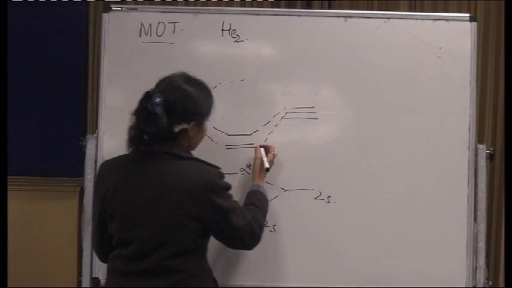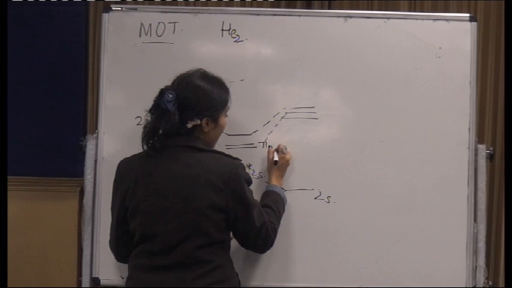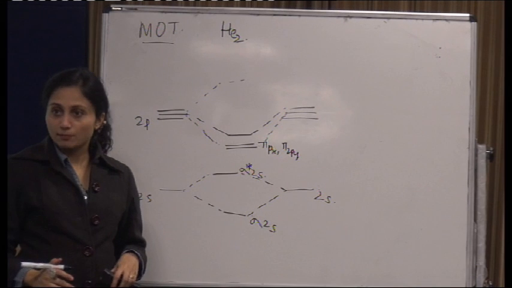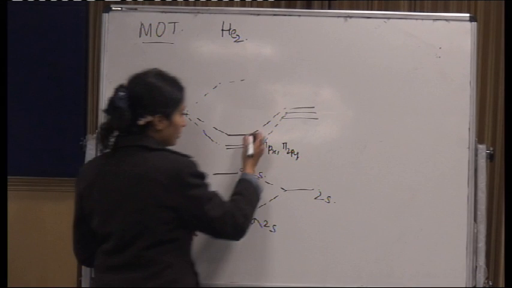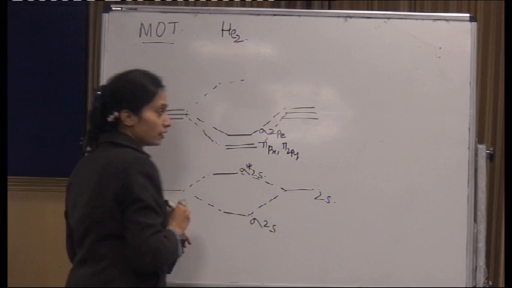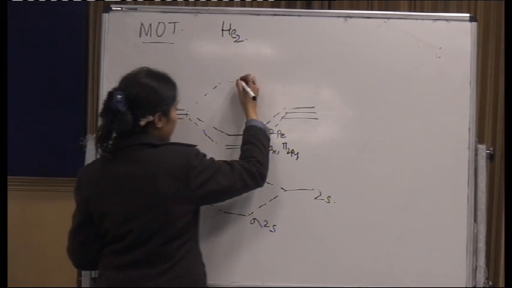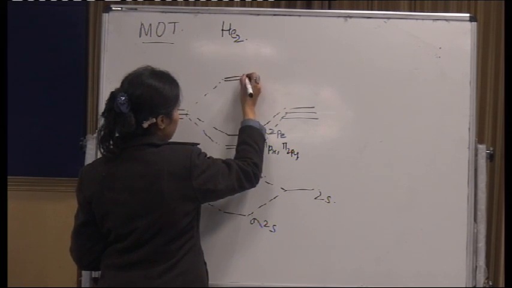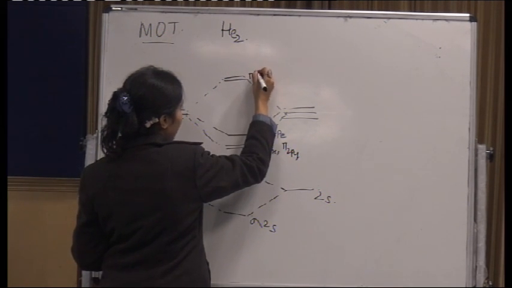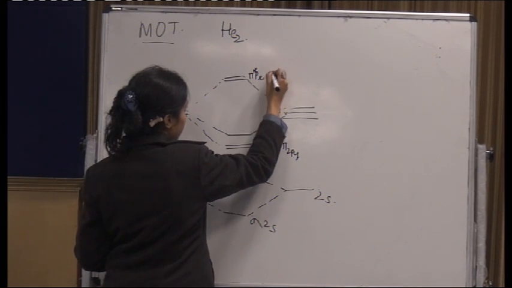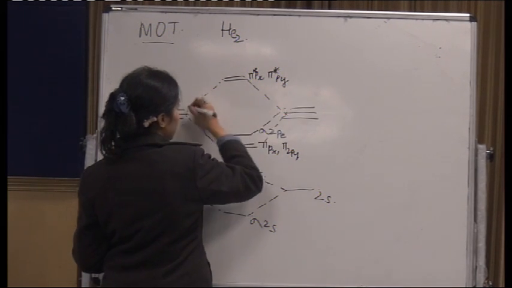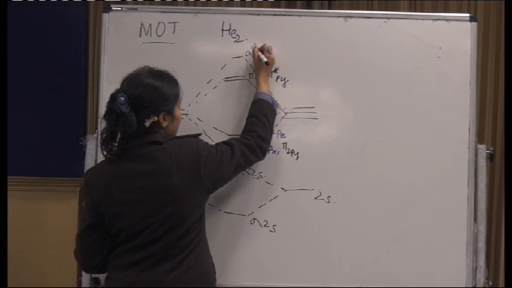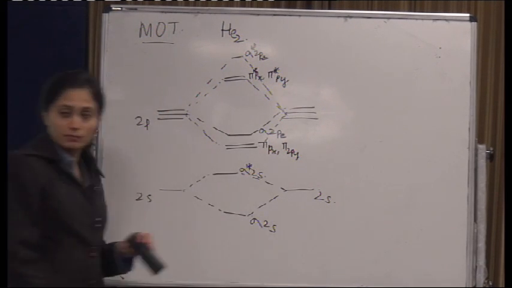So we will have pi 2px and pi 2py lower in energy than your sigma 2pz. Clear with that? Now again here you will have pi star 2px and pi star 2py, they are degenerate, and then you will have your sigma star 2pz.